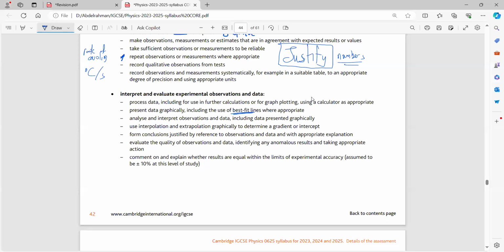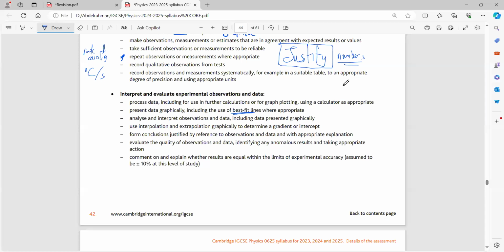In the best fit lines, guys, the points don't have to align on the best fit line at all. Meaning, not all of the points have to be on your best fit line. Actually, there are some graphs that can be drawn with no points at all on the line.